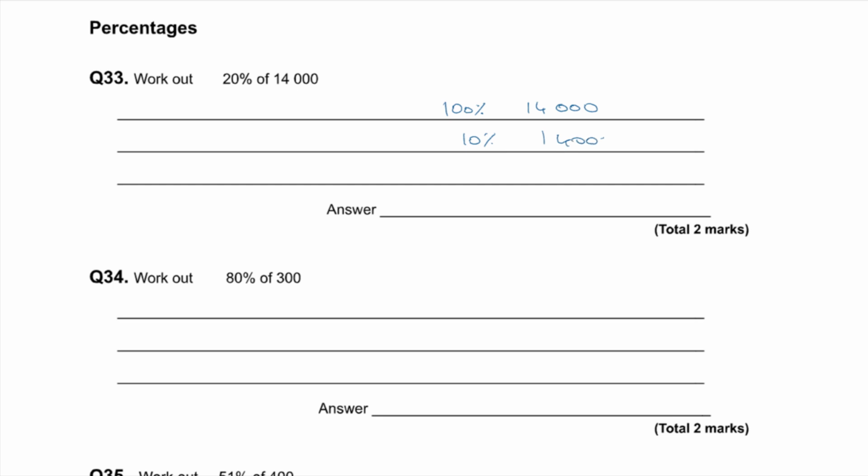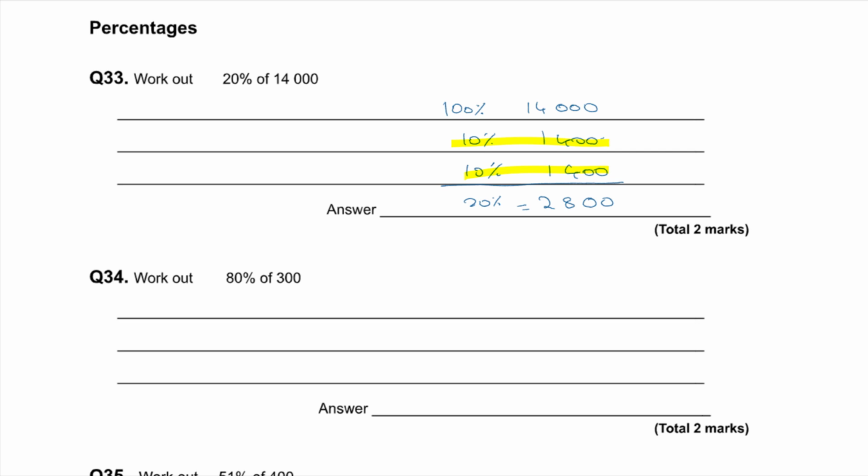Then another 10% is also 1,400. So 20% is those two added together, which is 2,800. That's my answer.